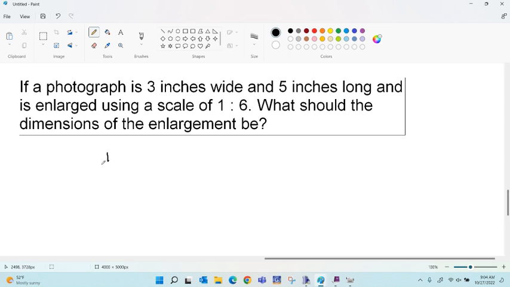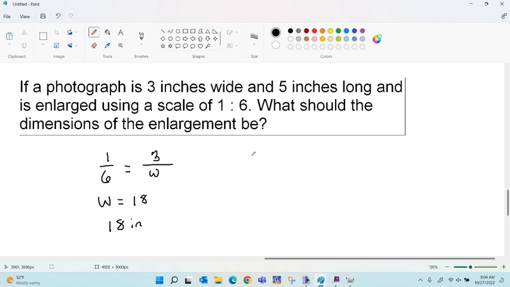The scale is 1 to 6. We don't even have units on that. But we need to deal with the width. It starts at 3 inches wide, and we're trying to make it go to our unknown width. So we can cross multiply. So W equals 18, so 18 inches.